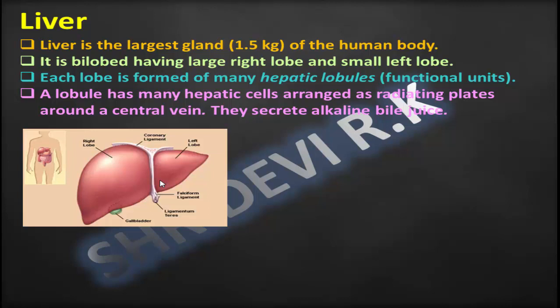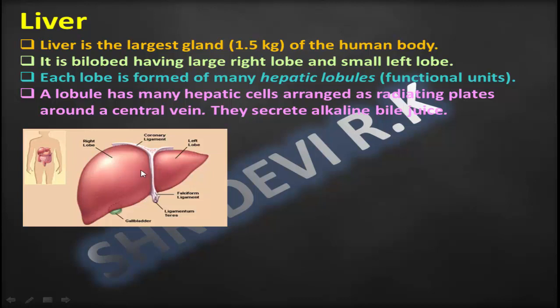The liver is a bilobed structure with a larger right lobe. In the image also you can clearly see how large it is. The right lobe is the larger one and the left lobe is smaller than the right lobe.